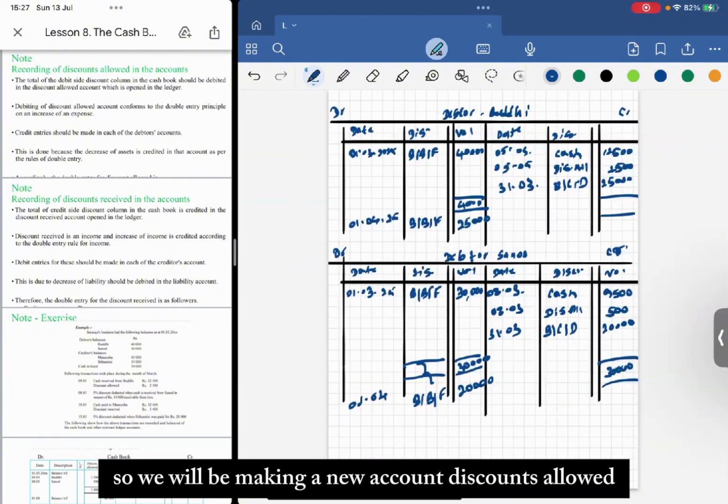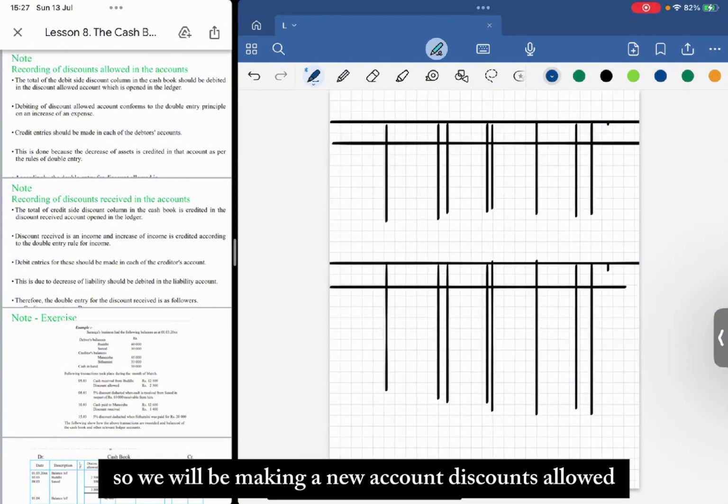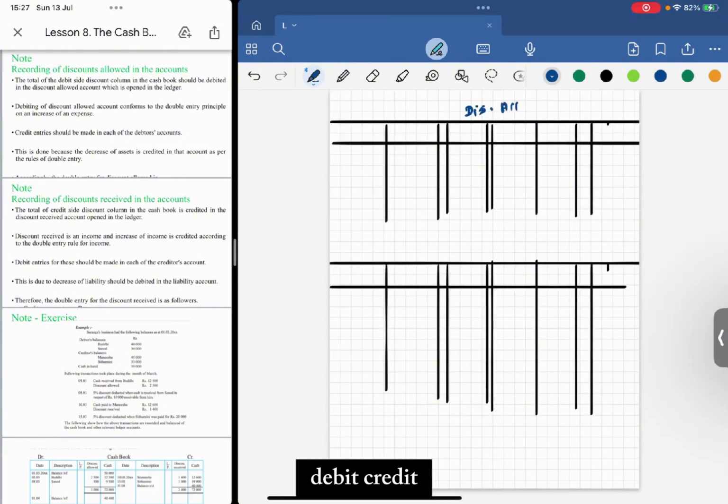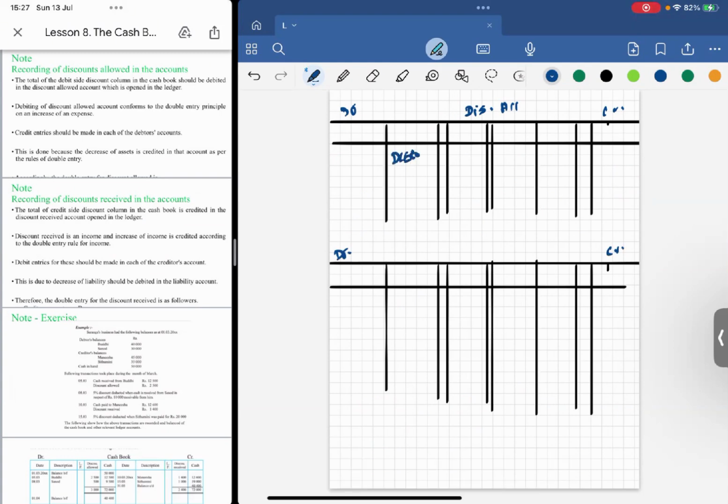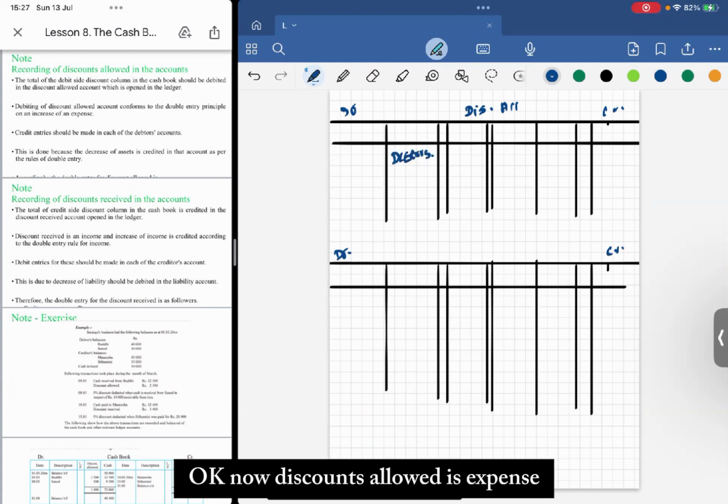Discounts allowed. So we will be making a new account. Discounts allowed. Debit, credit. Debit, credit. Discounts allowed is for the debtors. Okay. Now discounts allowed is an expense. Therefore, we record it on the debit side.